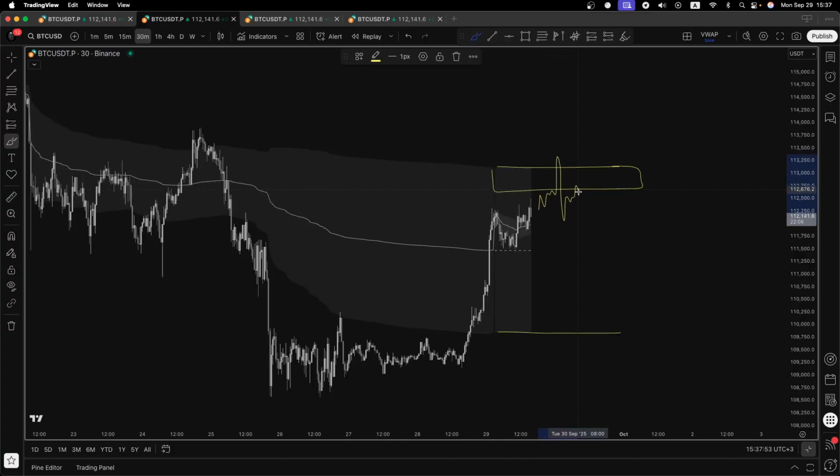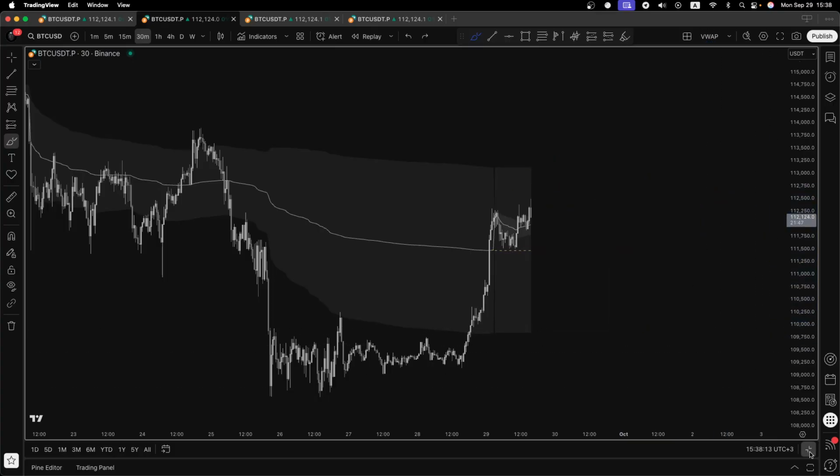Rejections into value area high would mean rotation lower to value area low. Again, we need to see price holding above previous weekly VWAP for more bullish developments. Else we're rotational between value area high and value area low.